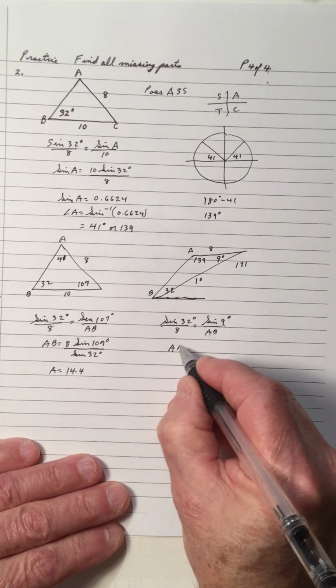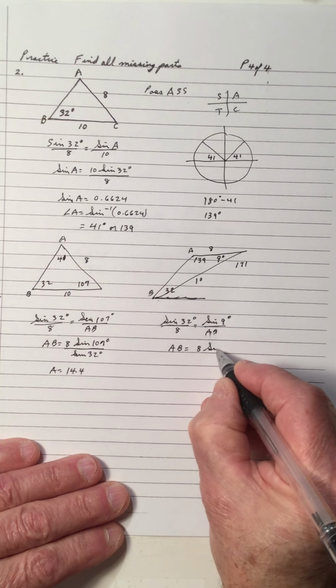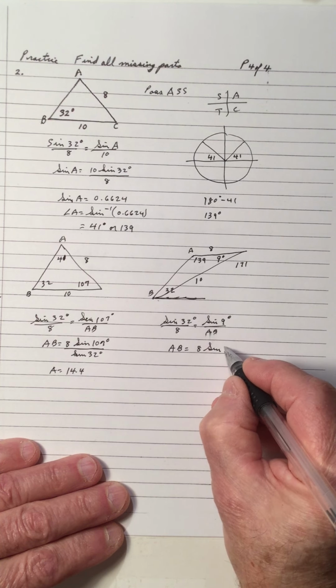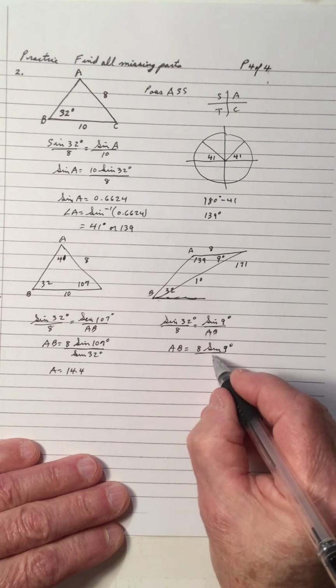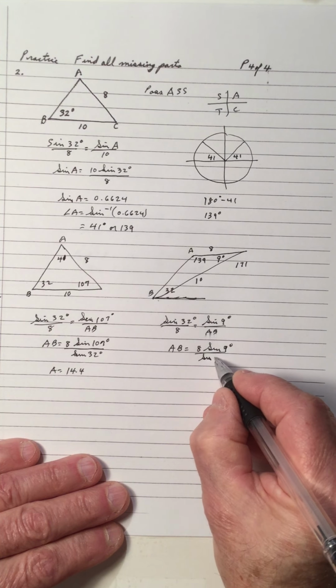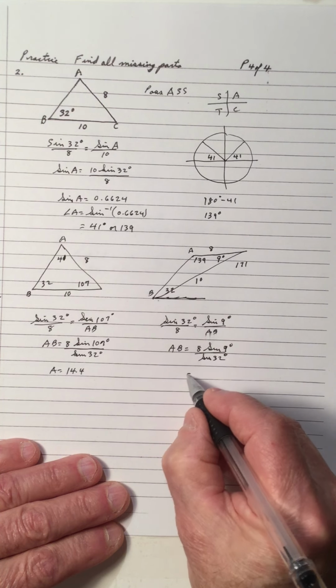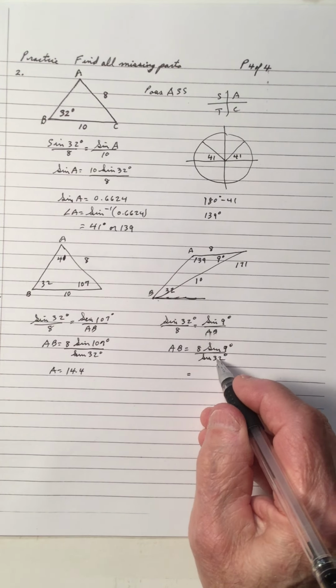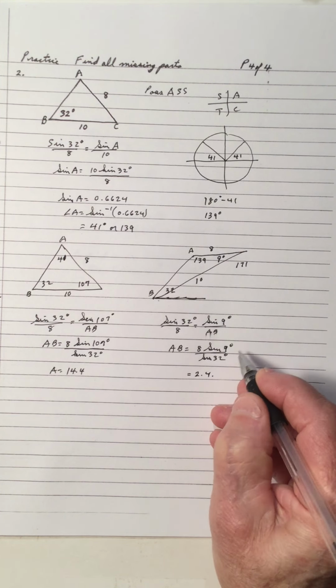So AB is 8 sine 9 divided by the sine of 32 degrees. And we plug that in our calculator.